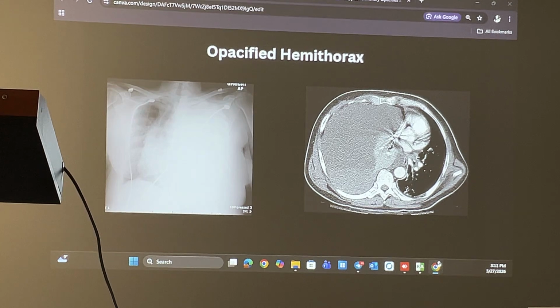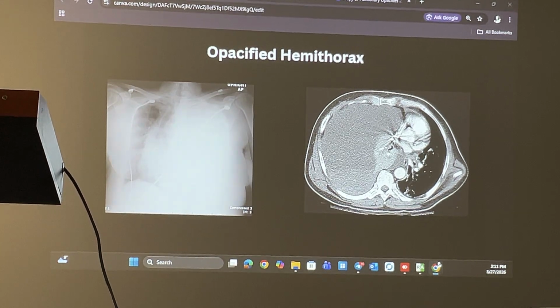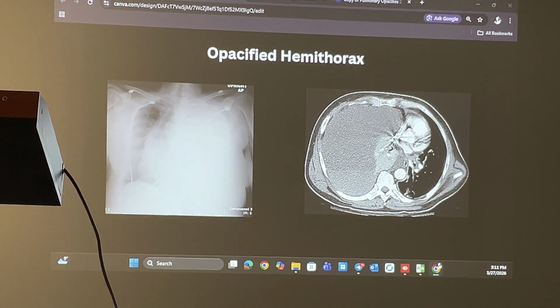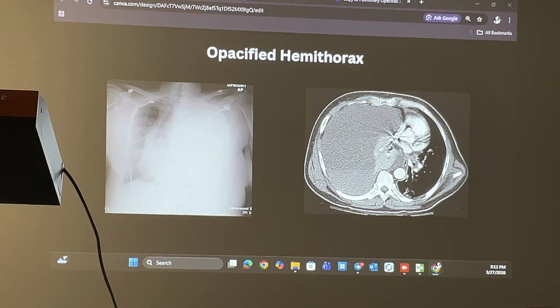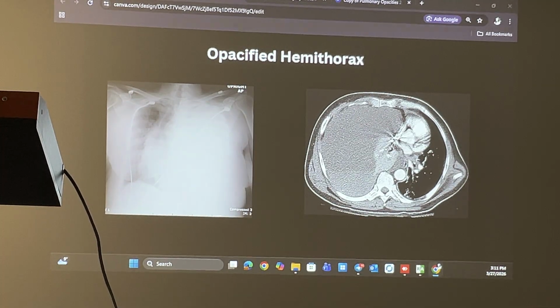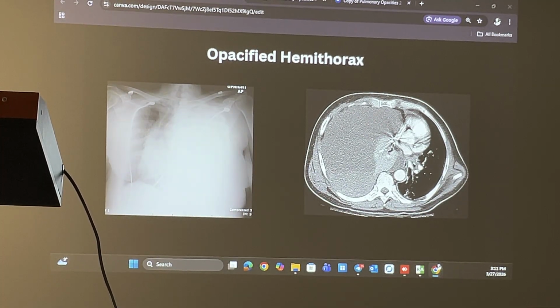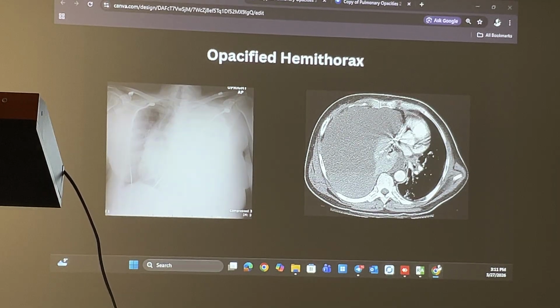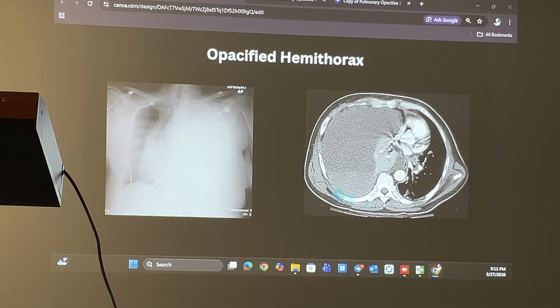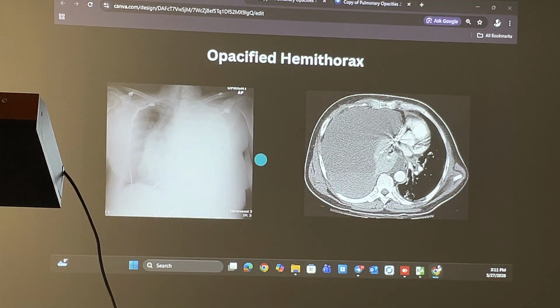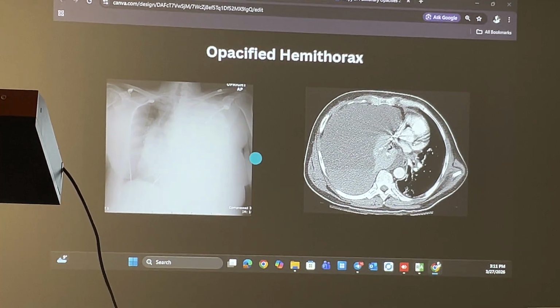CT is the modality usually employed to visualize the underlying lung, which is rendered impenetrable by large effusion.